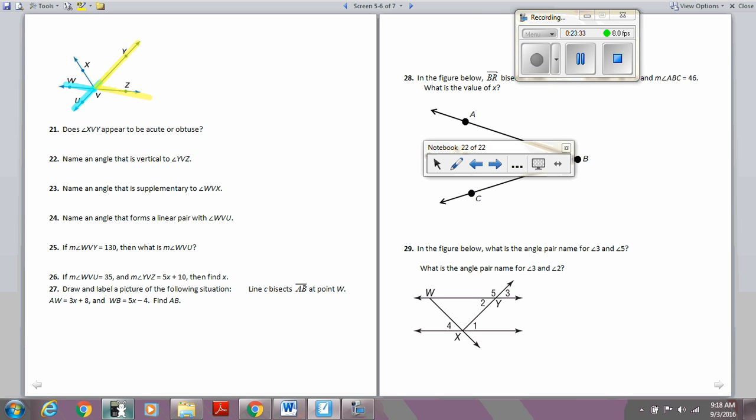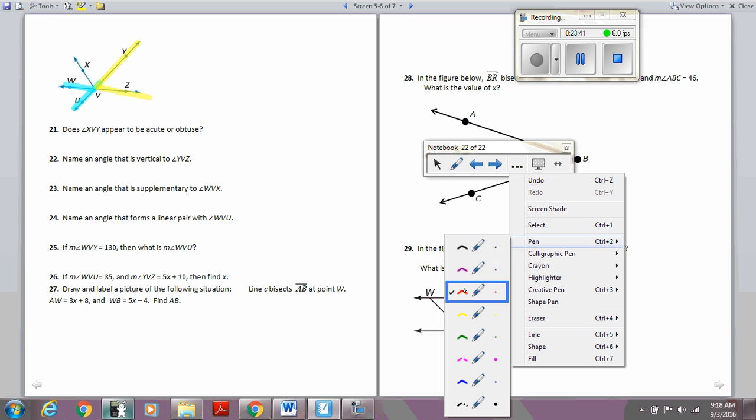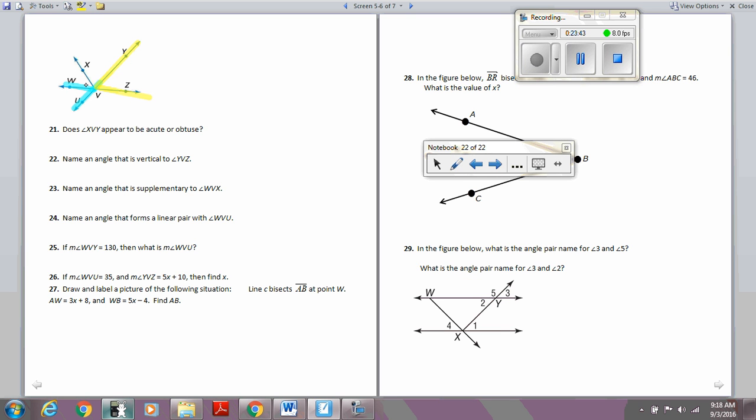So together, what you should notice with my highlights is that both of those form a complete X, sharing only the vertex, which means that they are a vertical pair. And since they're a vertical pair, their angle measures are congruent. So for number 26, we're going to use the format of angle equals angle. And with that being said, we can now say that 35 is equal to 5x plus 10.